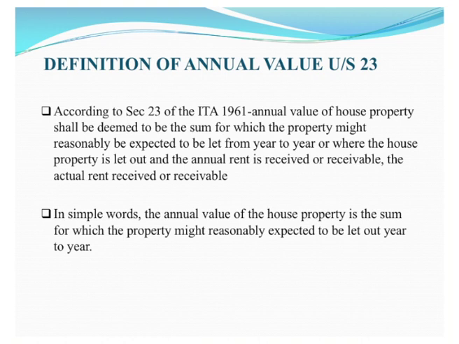Now, let's go through the definition. According to section 23 of Income Tax Act of 1961, annual value of the house property simply means the sum or the total value of the property which might reasonably be expected to be let out from year to year.